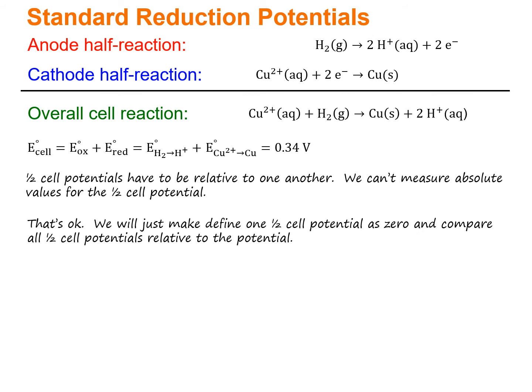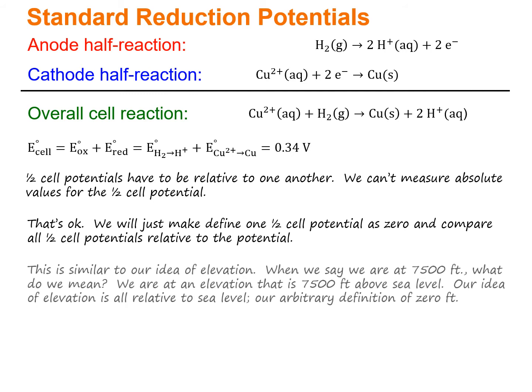We have to find some half cell potential that we're just going to say is 0, and we'll compare all these other cell potentials relative to this one reaction. As long as we know that reaction is defined as 0, then we can determine all these other things. You might think this concept sounds a bit foreign, but it's exactly your idea of elevation. It's really no different.